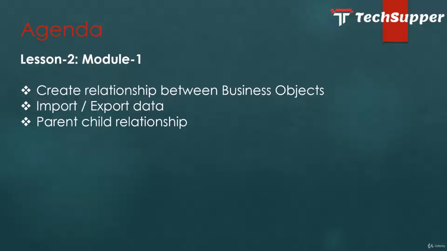So we will maintain employee in the employee object and the address in the address object. And then on a page, we will show the employee details along with their addresses. So based on the selection of an employee, I want to show the address associated with that particular user. I will show this as part of this video.